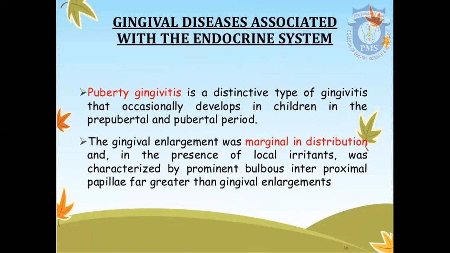Puberty gingivitis is a distinctive type of gingivitis that occasionally develops in children in the prepubertal and pubertal period. Enhanced levels of gingival inflammation without increased levels of plaque accumulation occur in children at puberty.